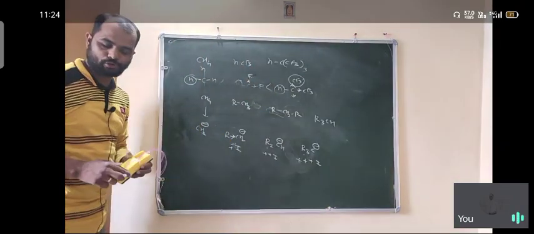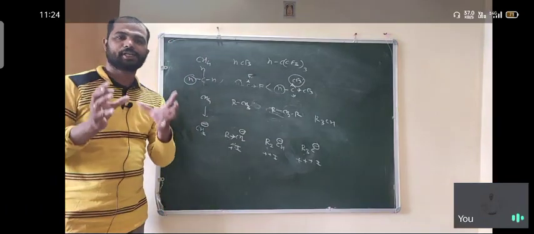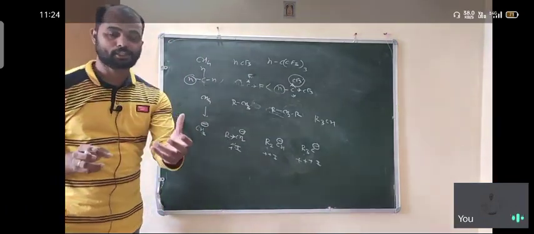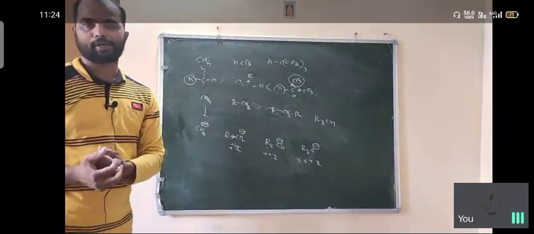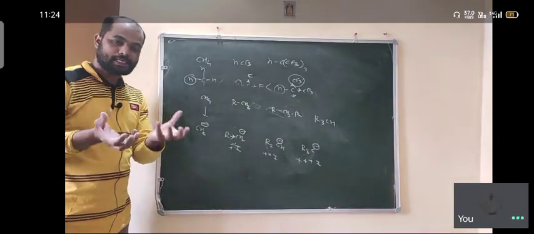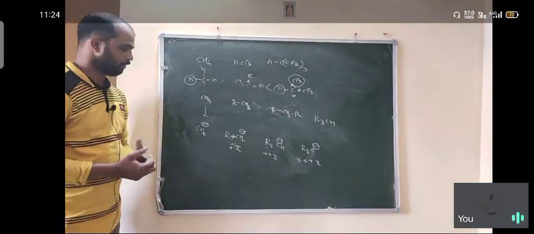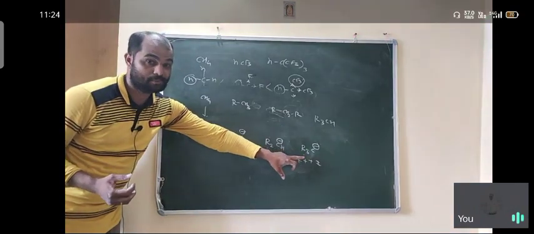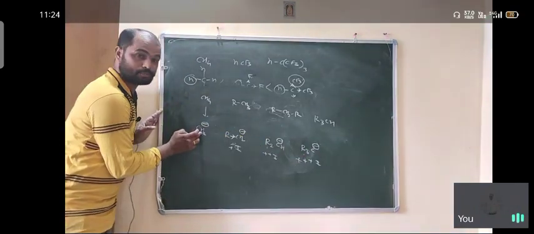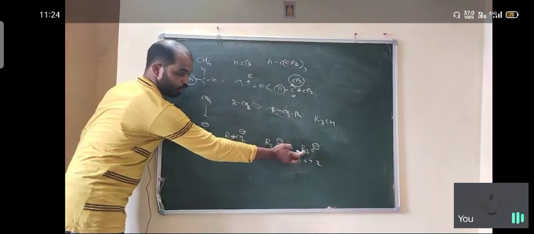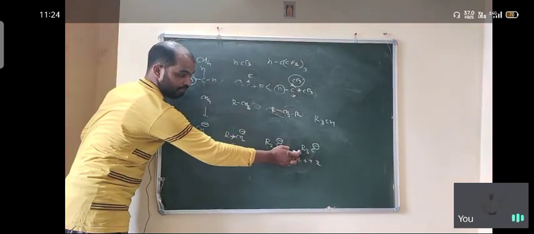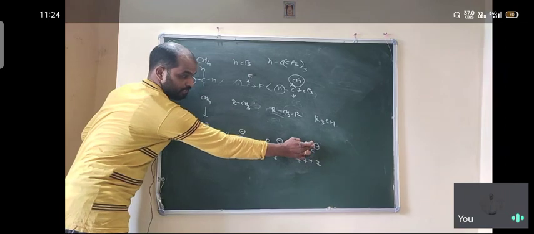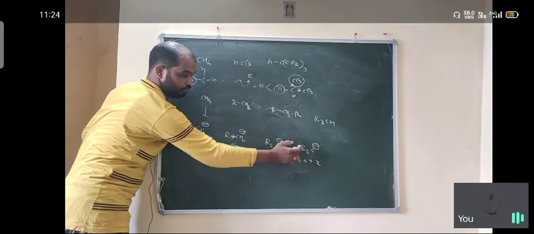I already told you the electron donating effect destabilizes the carbanion, and minus I effect increases the stability of the carbanion. So more plus I effect means more destabilization. Because of the strong plus I effect, the negative charge is destabilized by the three alkyl groups.